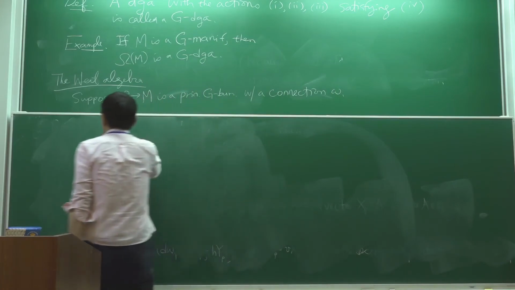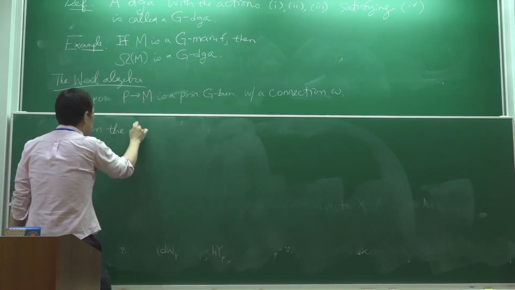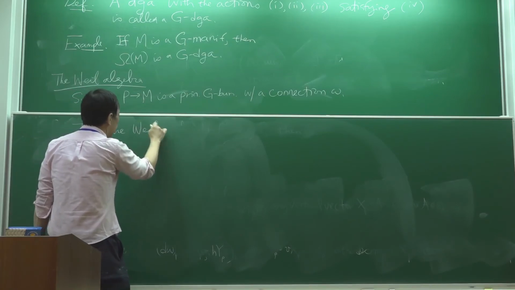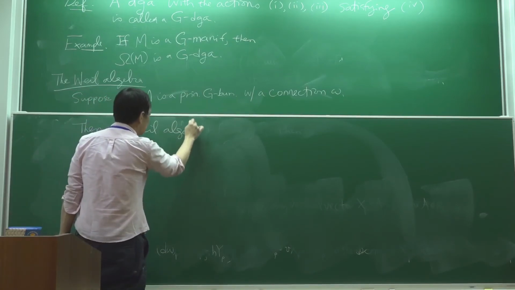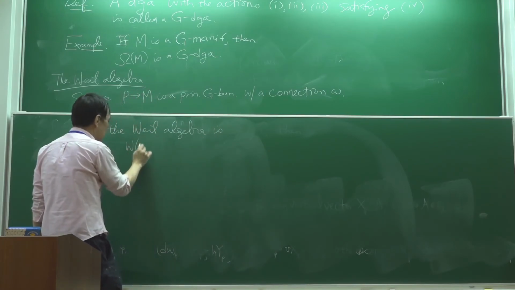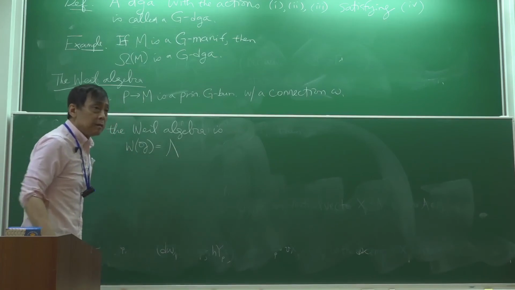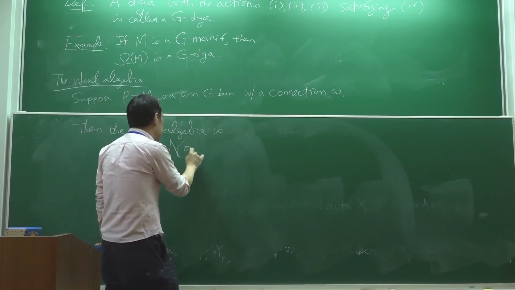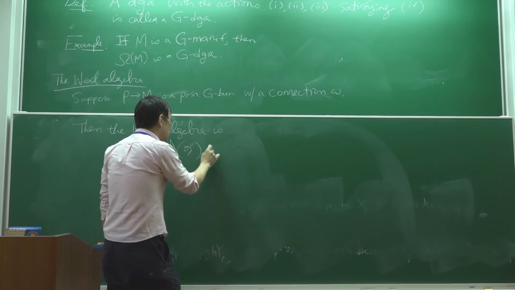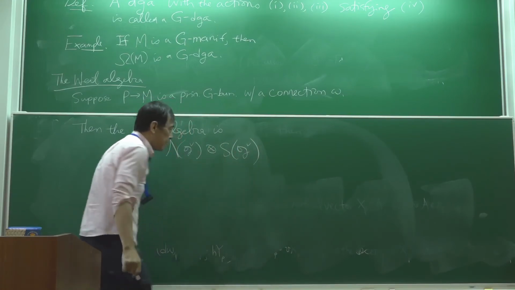Then the Weil algebra is the exterior algebra of g dual tensor with the symmetric algebra of g dual.